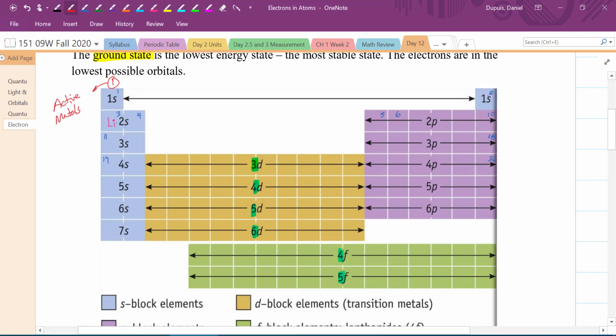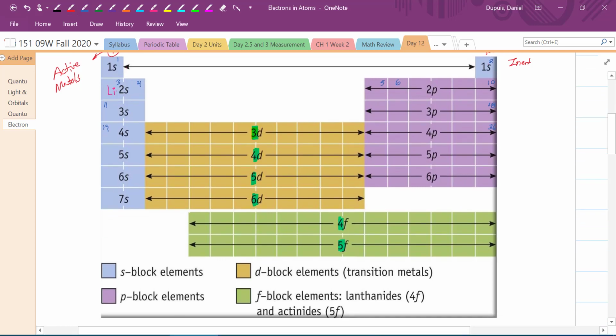Whereas these noble gases are inert. They do not react. In fact, hydrogen, sorry, not hydrogen, that's active. Helium, neon, and argon do not react at all. Helium will react in space, He2, but not on Earth. Krypton and xenon can make some compounds if we force them to, but they're very unreactive.